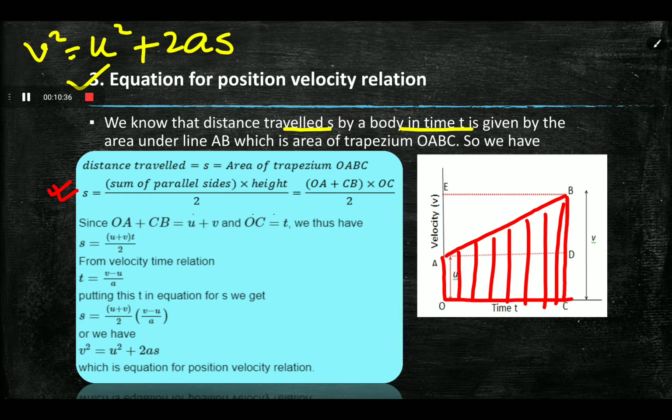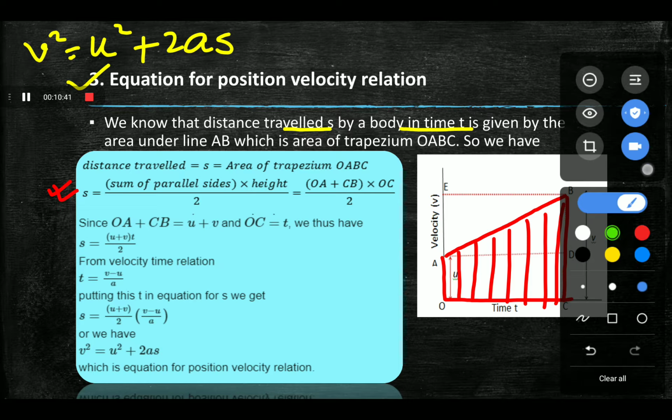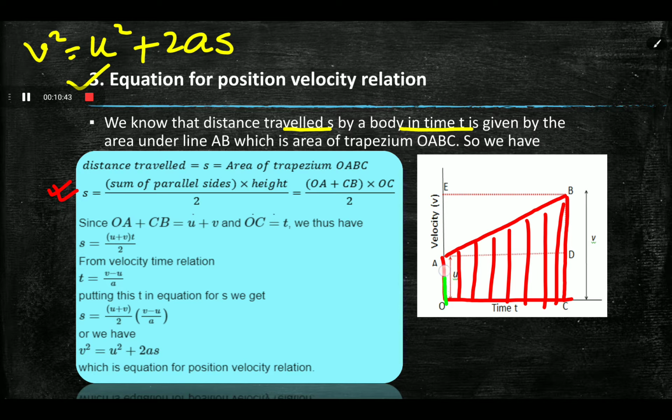And if you see in the image, OA and BC represent the parallel sides. So it is written in place of sum of parallel sides OA plus BC, and height is represented by OC. So it is written here OC and by 2.